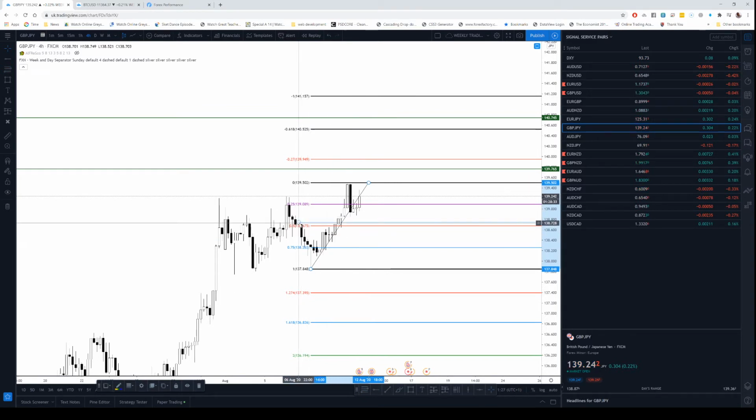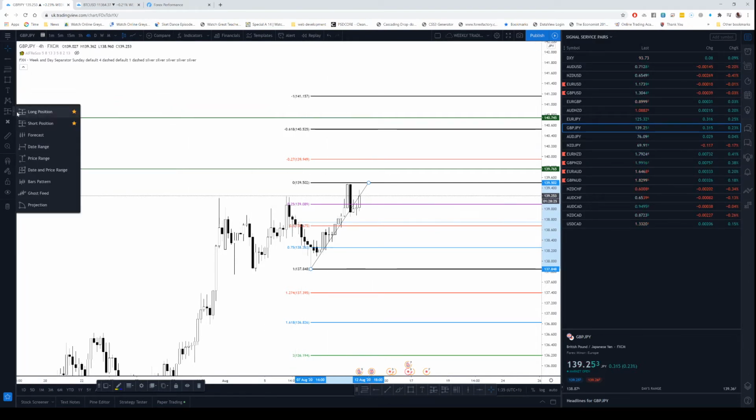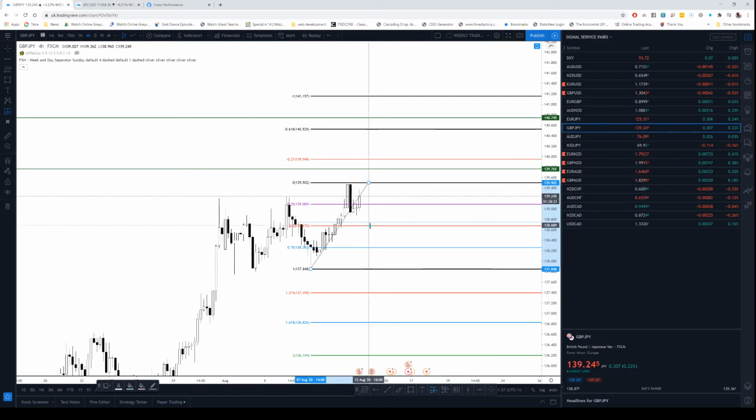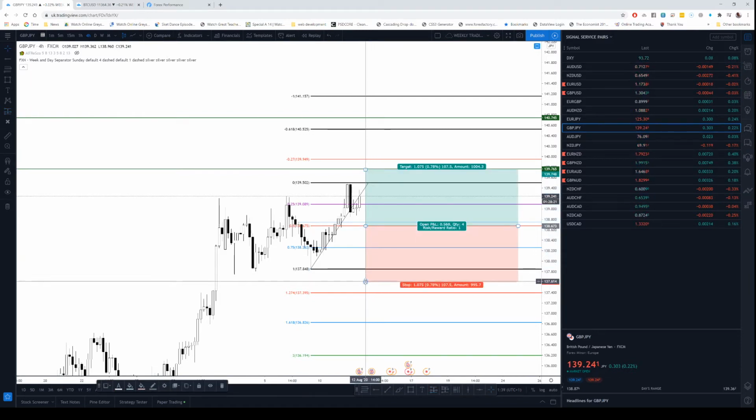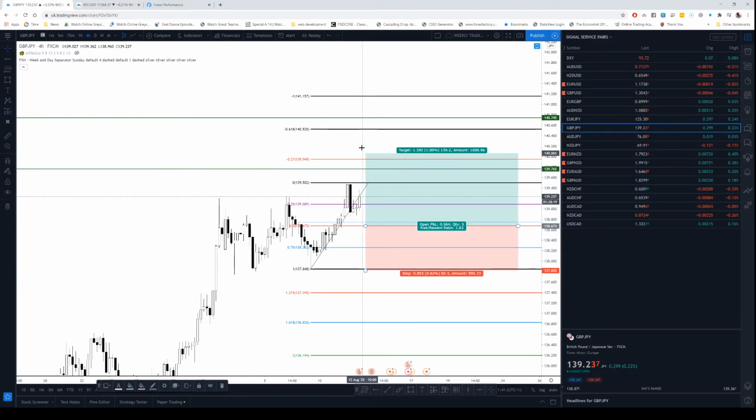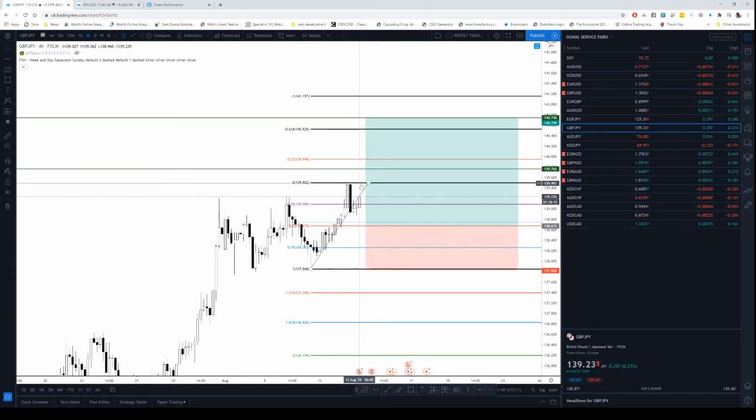Yeah, it's almost at where that daily level is. Okay, wait for price to get somewhere there, and then you can take this kind of trade. Okay, and then you'll be targeting there. All right, so wait for a bit of retracement before you jump in.